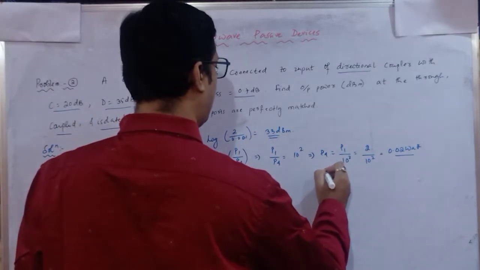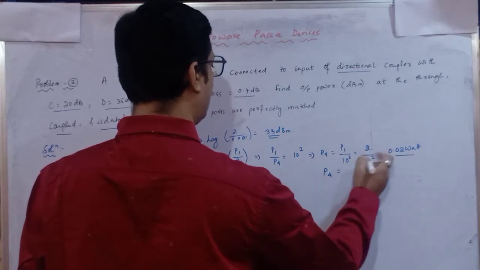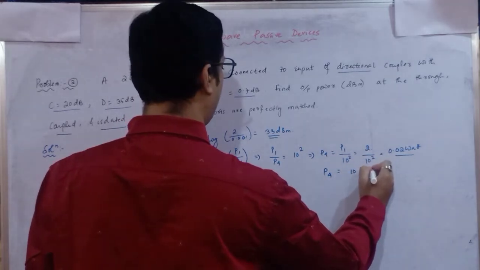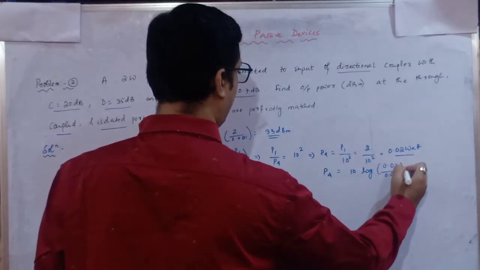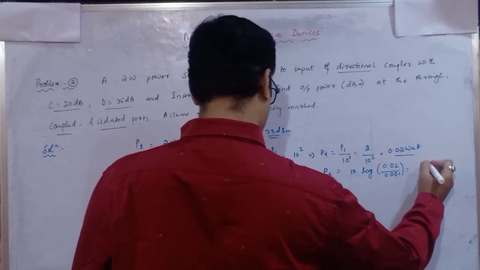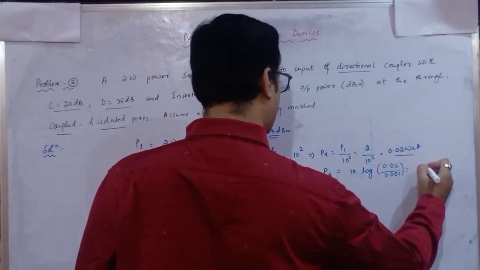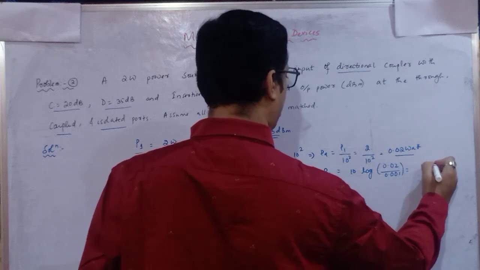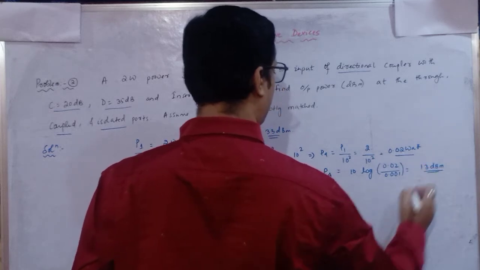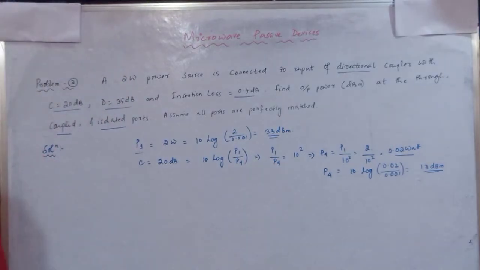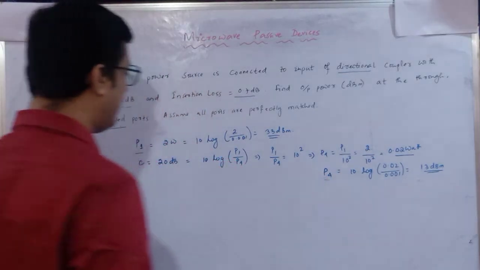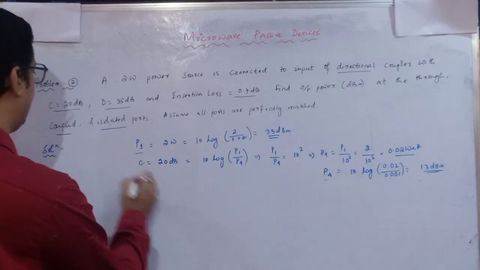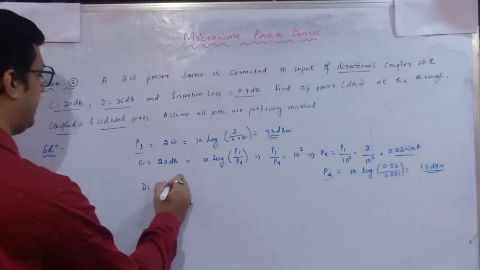So power available at port 4 will be 10 log 0.002 divided by 0.001, which is equal to 13 dBm. So this is the power P4.